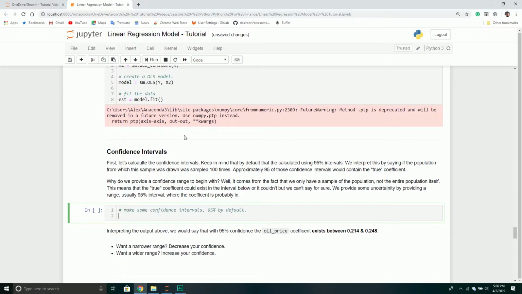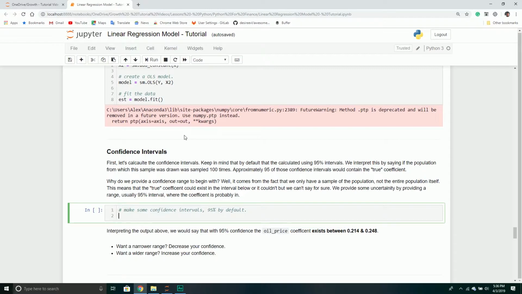Once we have this, it really makes sense to do a confidence interval. Why do we do this? Well, we have to recognize the fact that we're only taking a sample of the population of all the potential prices that oil and Exxon have had over their entire life.